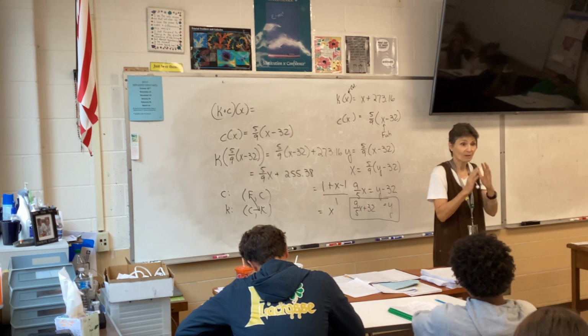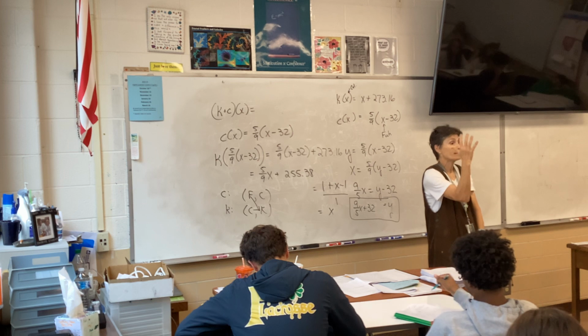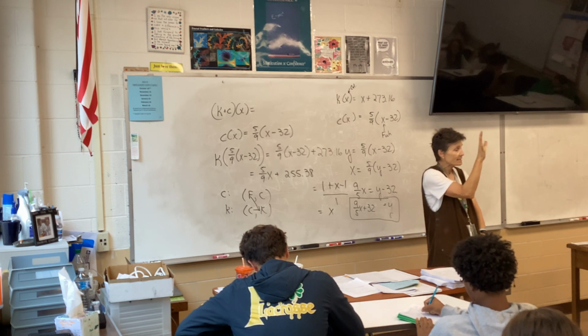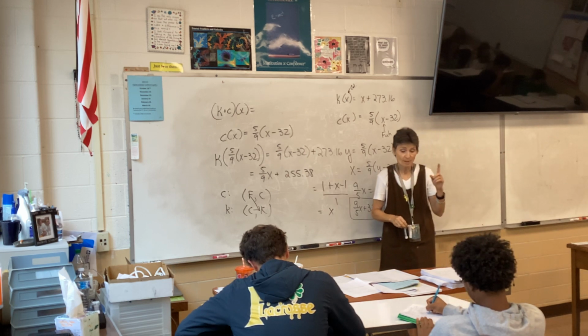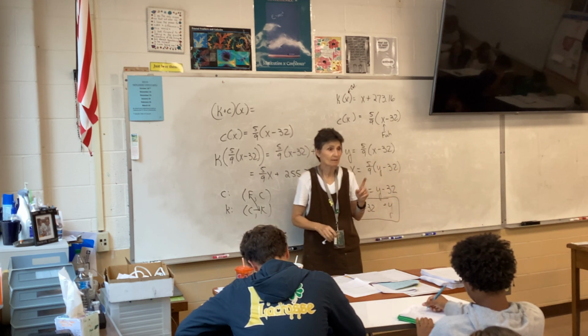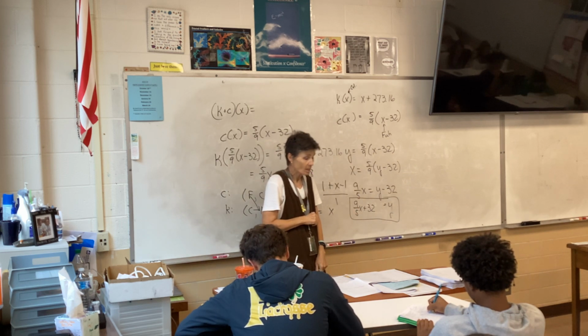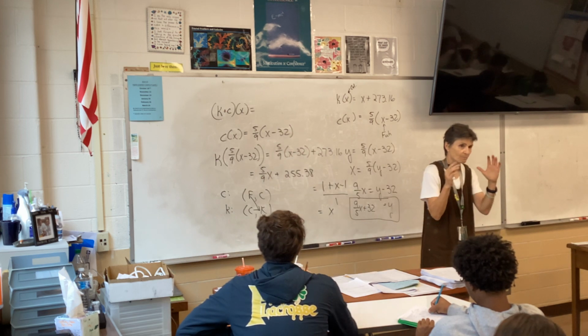Okay? So a reflection doesn't pick you up and put you down. A reflection literally flips you over something. Whether it's the identity or an axis, you're flipped. And that's accomplished across the axes by negatives and across the identity line by switching the variables. A rotation is the most complicated.